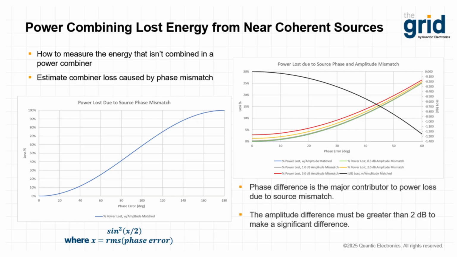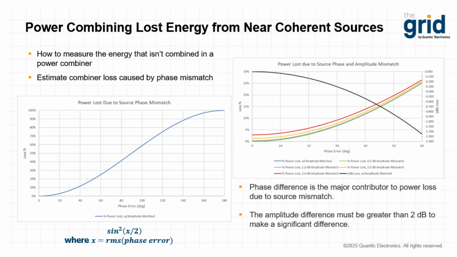The graph on the right-hand side of the screen shows the same data in a slightly different format. The black line that starts at the top and curves down correlates to the insertion loss, on the dB scale on the right-hand side of the graph. The other multicolor lines show percent loss.